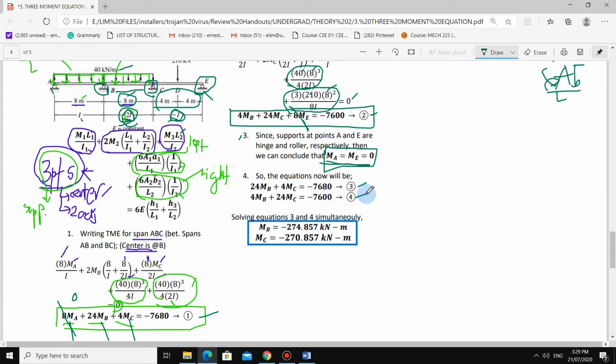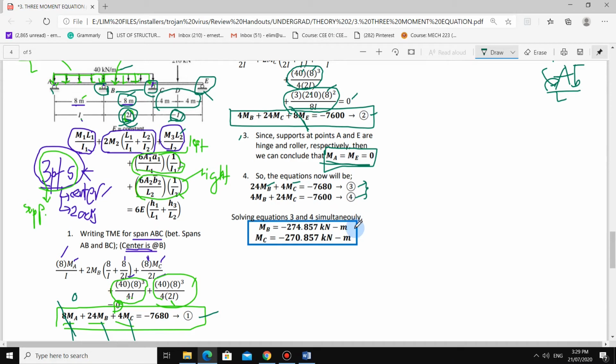So this will be our equation 4. Okay, so with the simplification of the equations, guys, we now have two unknowns and two equations, which are equation 3 and equation 4. So solving equations 3 and 4 simultaneously, we can get MB, then MC.